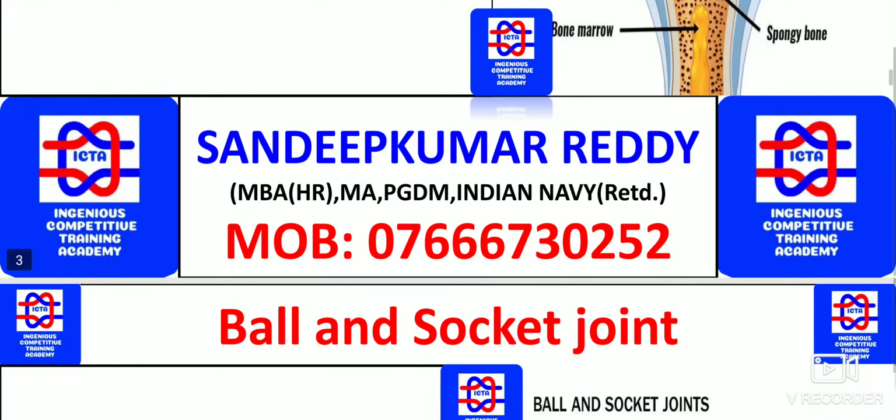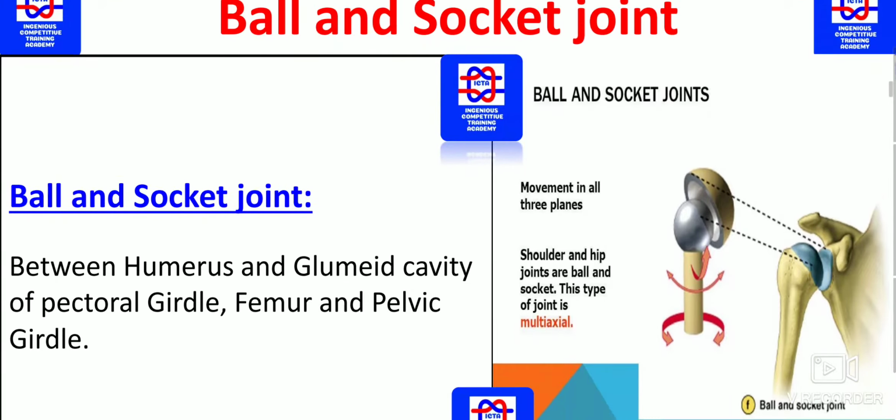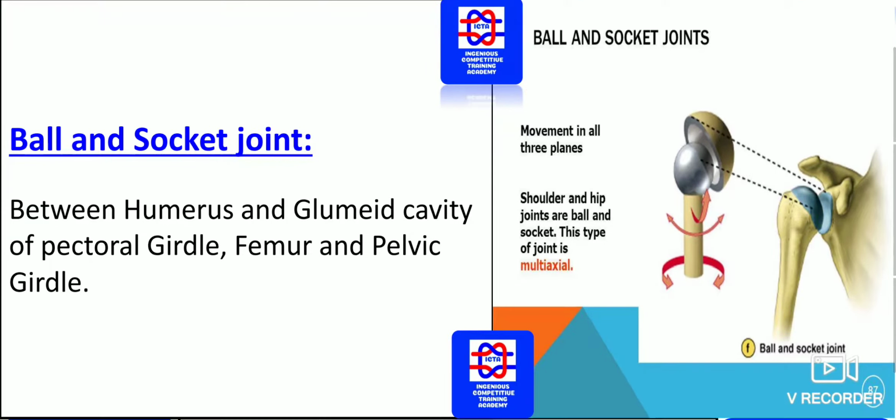Next we have the ball and socket joint. These types of joints are found in the shoulder. You can find this type of ball near the shoulder. It allows movement in all three planes: circular, left and right, and rotation. The shoulder and hip joints are ball and socket type joints. These are known as multi-axial.